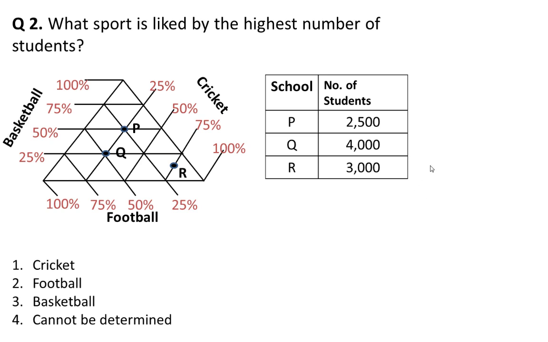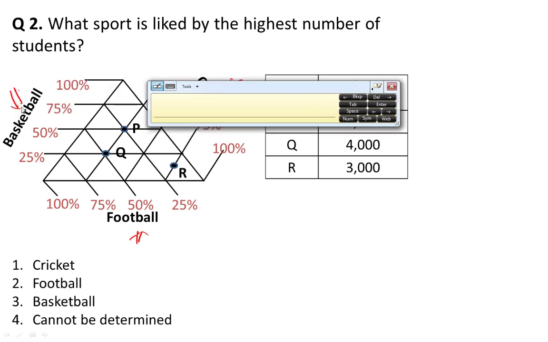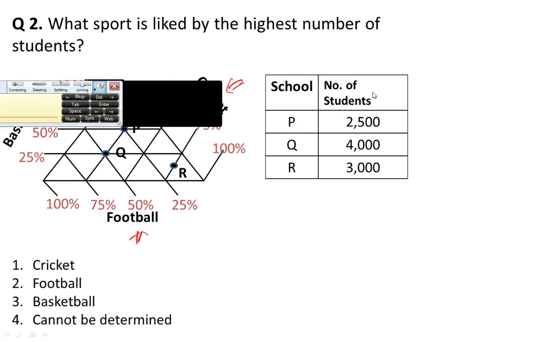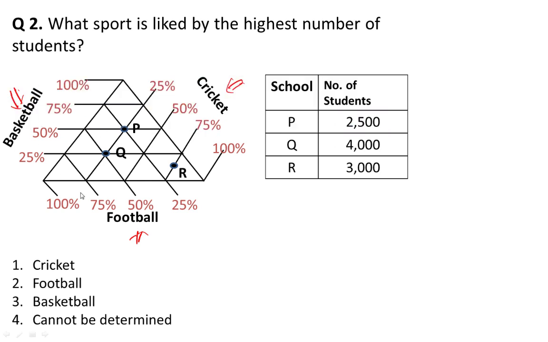Now I need to find out how many like cricket, how many like football, and how many like basketball. And then only I can find out, of these given options, which sport is liked by the most number of people.